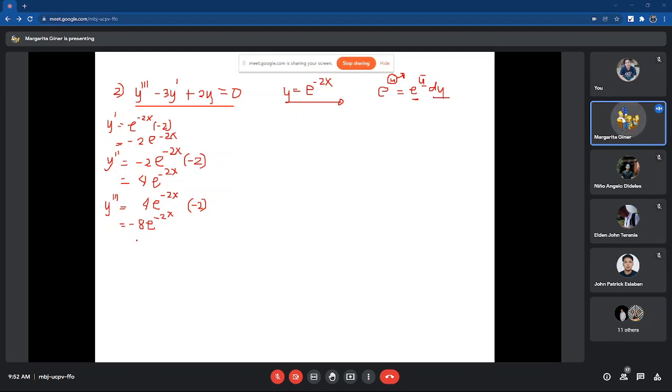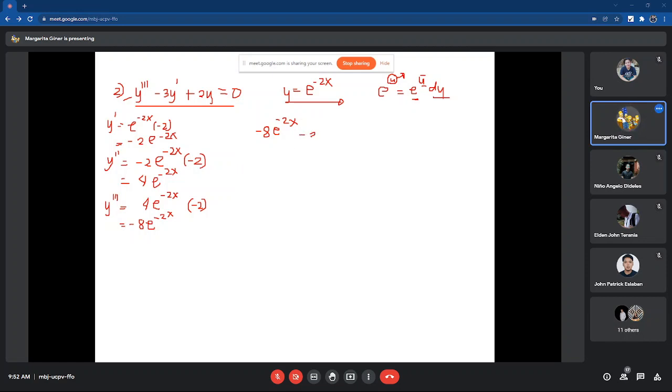Okay, so we're done. We already solved the first derivative. We also already solved the second derivative. Now, let's try to substitute the values into our DE. So, this is the third derivative. Instead of y triple prime, this will become negative 8 e raised to negative 2x. Okay?